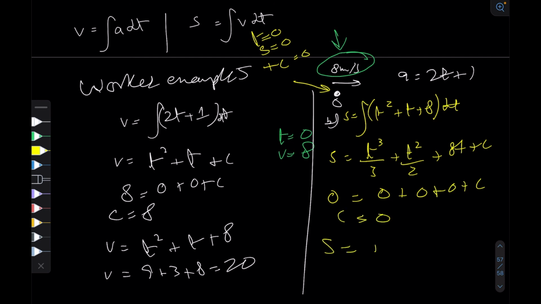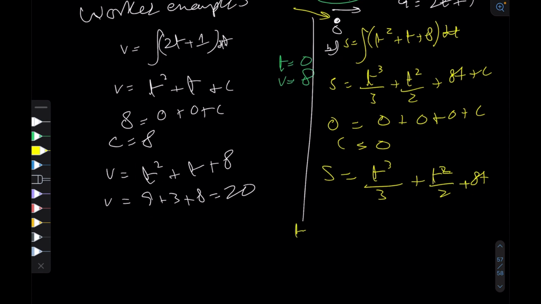So the displacement function is t cube over 3 plus t squared over 2 plus 8t. And if you want to find the displacement at t equals 3, this would be equal to 3 cube over 3 plus 3 squared over 2 plus 8 times 3, which will turn out to be 37.5 meters. And that's it. That's all for kinematics.